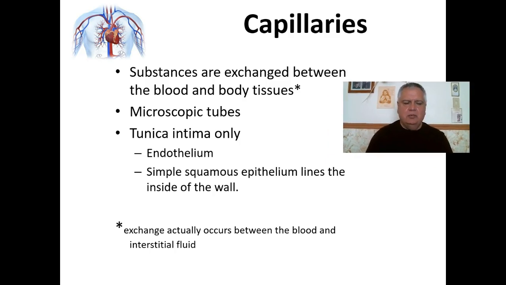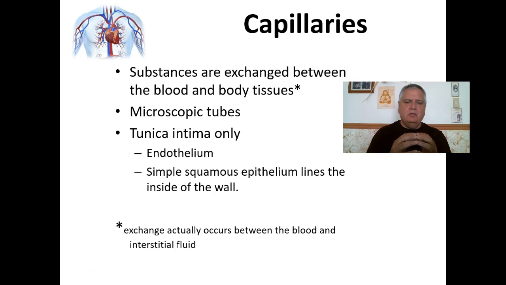And here's the reason for that star. Whenever we take a look at the capillaries, we say that's where the exchange between the blood and the body tissues takes place, but actually that exchange occurs between the blood and the interstitial fluid. Remember, the capillary is not actually going to touch the tissue.